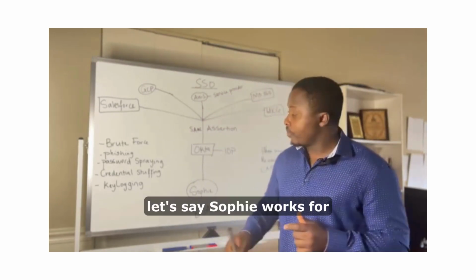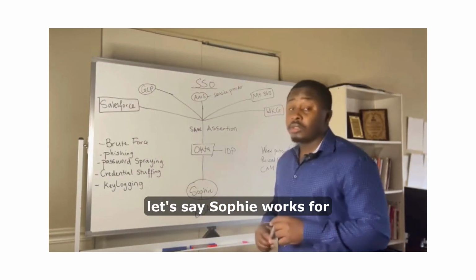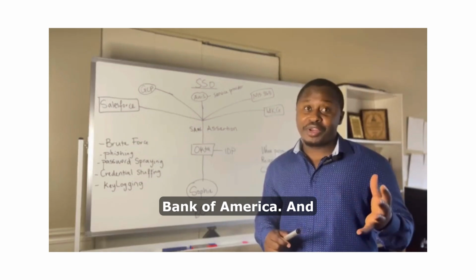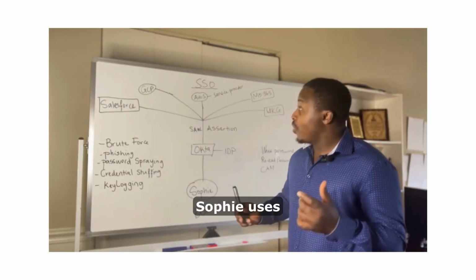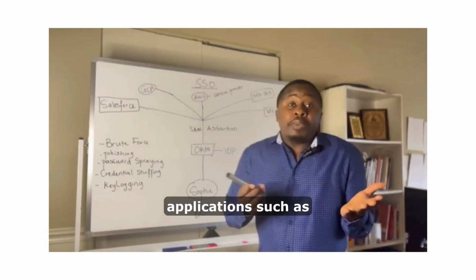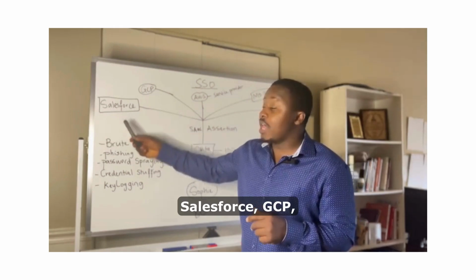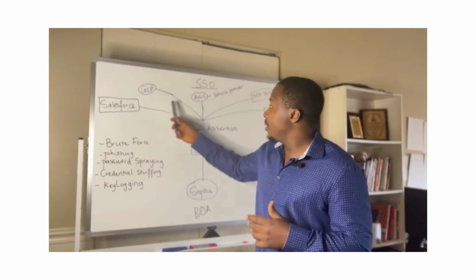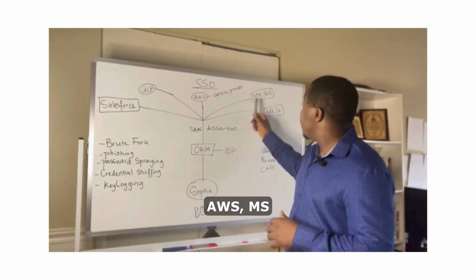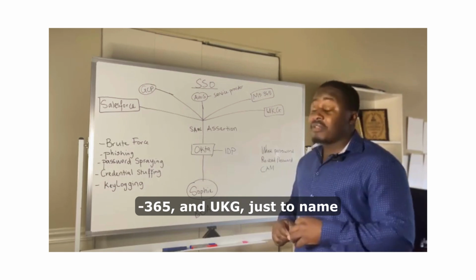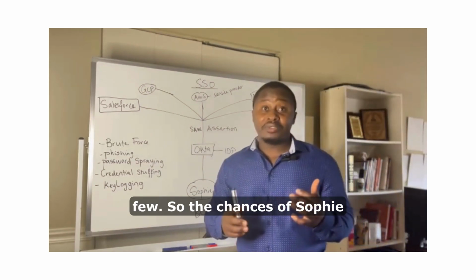For example, let's say Sophie works for Bank of America and Sophie uses applications such as Salesforce, GCP, AWS, MS365, and UKG, just to name a few.